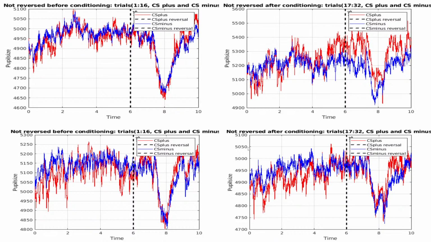These are the ones who are not conditioned. They have a lower response in general. The people, they like money less. But here we actually observe the unconditioned response, and it is higher for the CS plus.